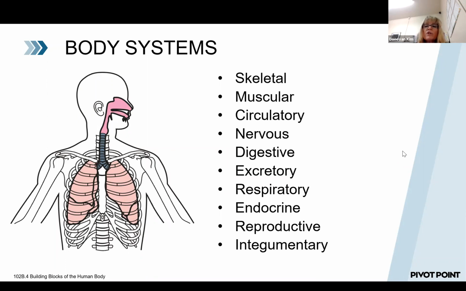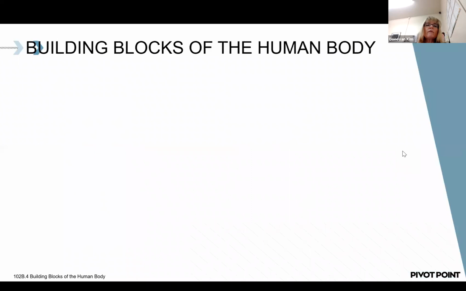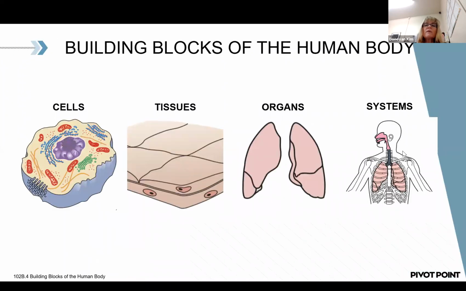So, like, which system is responsible for supplying food to the body? Your answer would be digestive. So again, groups of cells make tissues, groups of tissues make organs, and organs make up systems. And you can't have one without the other and have it working correctly.